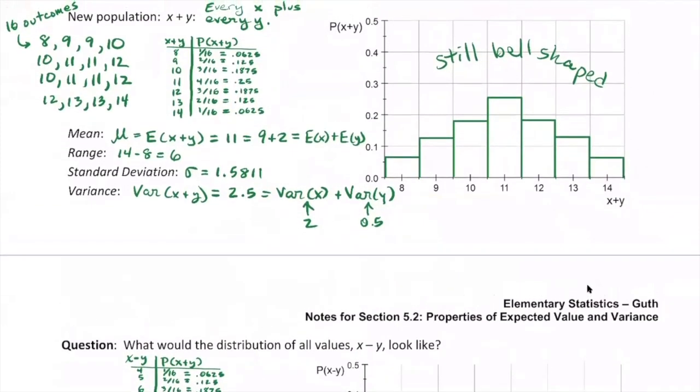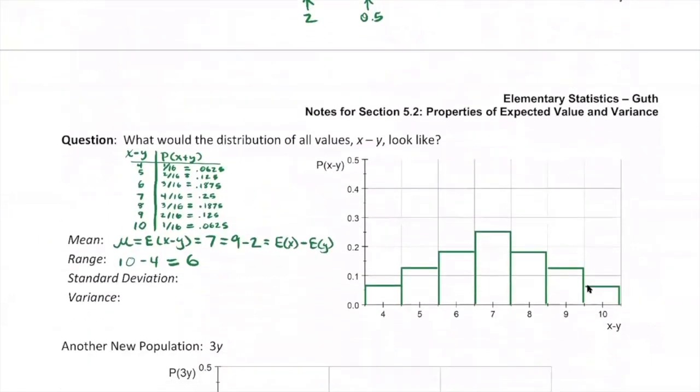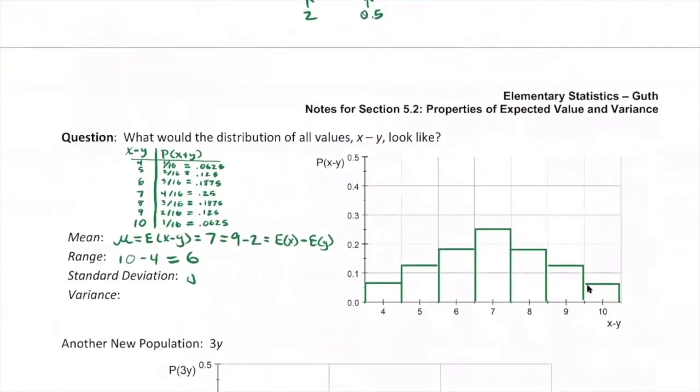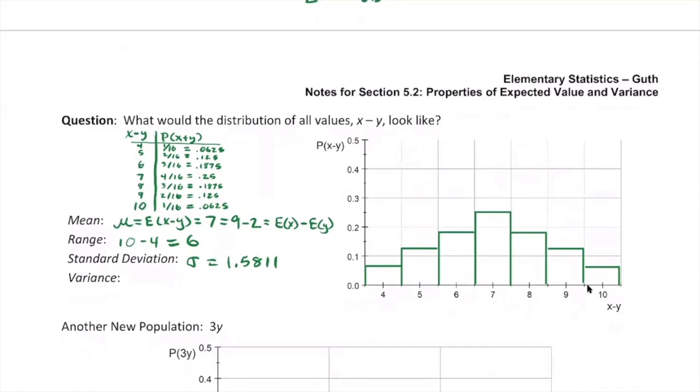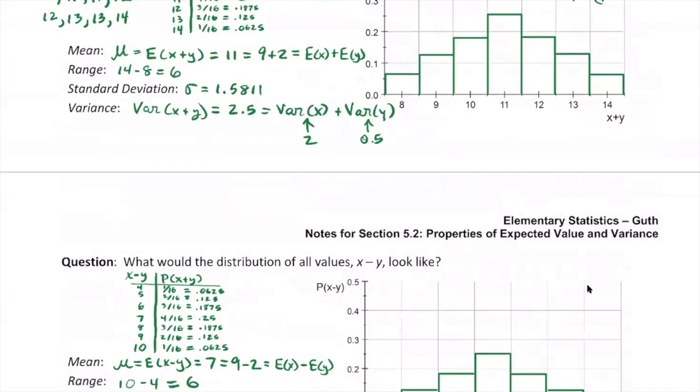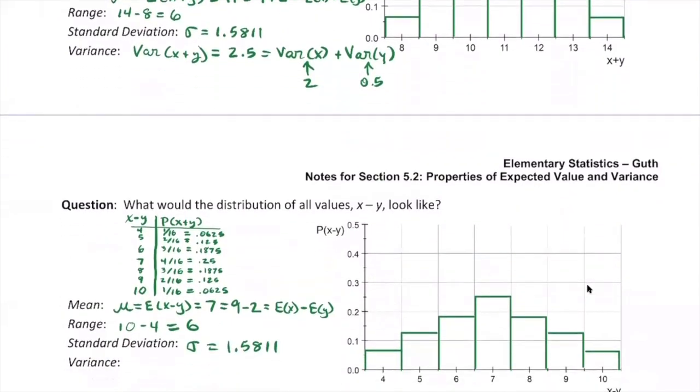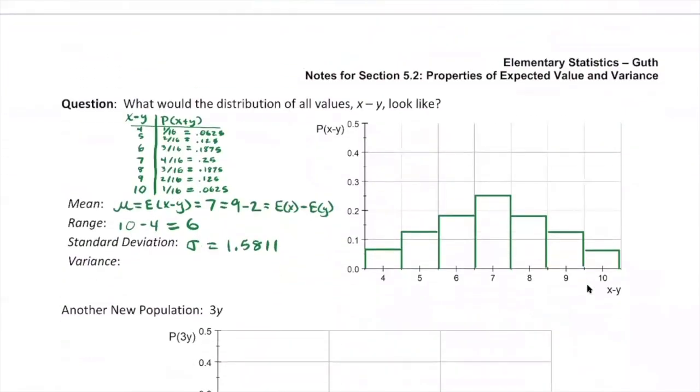So for x plus y, the standard deviation is 1.5811. It will also be 1.5811 because they have identical distribution widths. Remember, spread or width is just a measure of how wide the distribution is. They are the same, so the standard deviations come out the same. And the variances will be the same. So the variance of x minus y is the standard deviation squared.